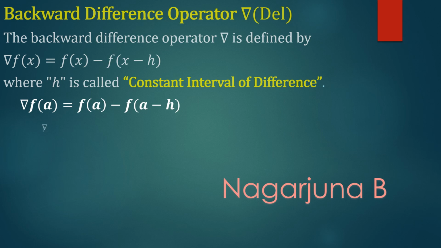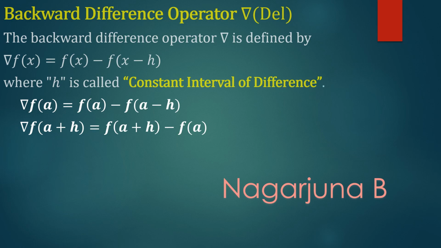Similarly, del f of a plus h is equal to f of a plus h minus f of a, because in place of a we need to write a plus h, and in place of f of a minus h we need to write f of a plus h minus h. h and minus h will be cancelled, therefore it will be f of a. Therefore del f of a plus h is equal to f of a plus h minus f of a.